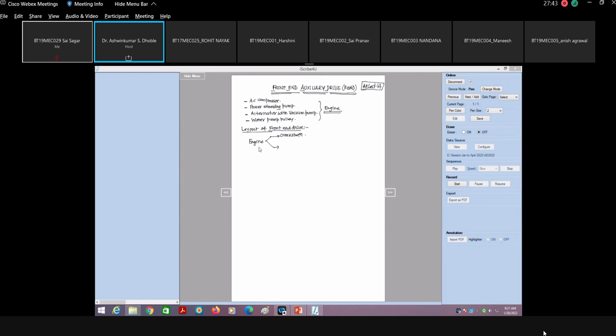So you know that the engine has got the crankshaft. The crankshaft is fitted on the one end of the engine and this is referred to as the front end of the engine. And what about the other end? The other end is basically the flywheel end.